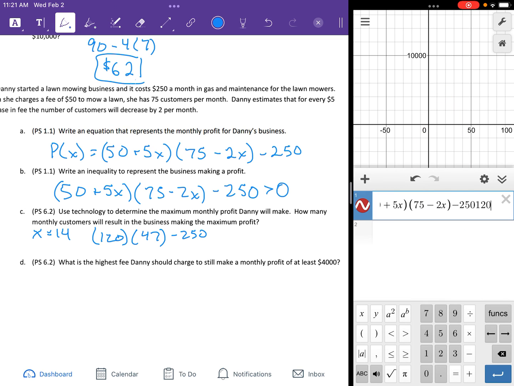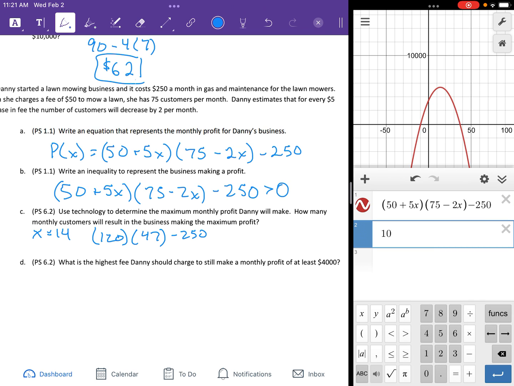So let's do 120 times 47 minus 250 gives us a grand total of profit, $5,390 of profit. Okay, now what we're talking about, how many customers, that would be this part. Okay, she's going to lose a bunch of customers, but she's going to make the most money. So we're going to have 47 customers.